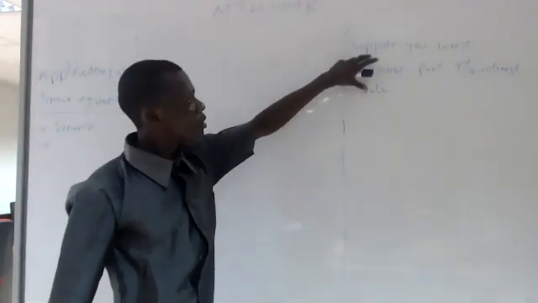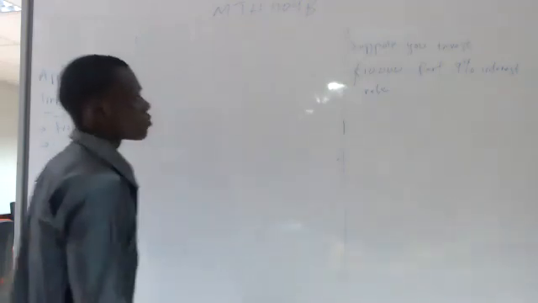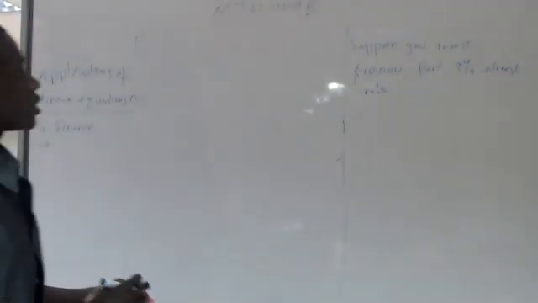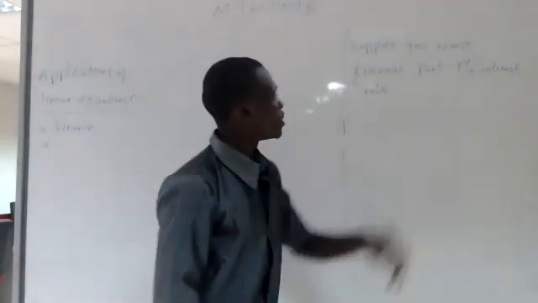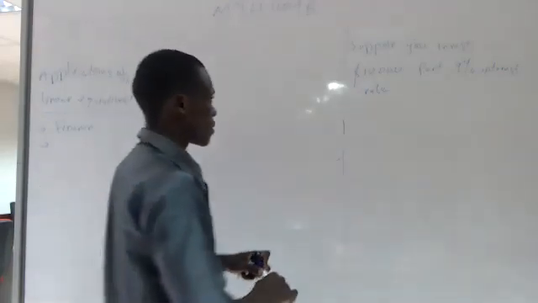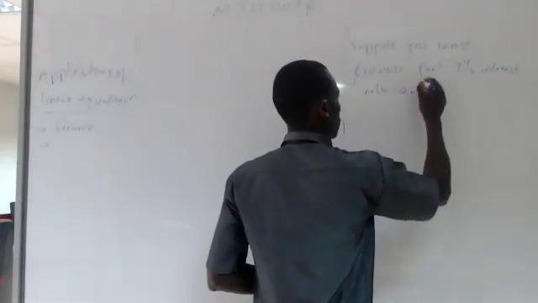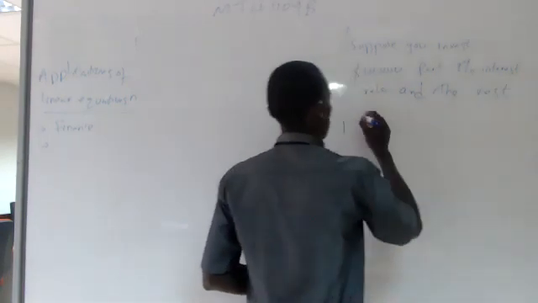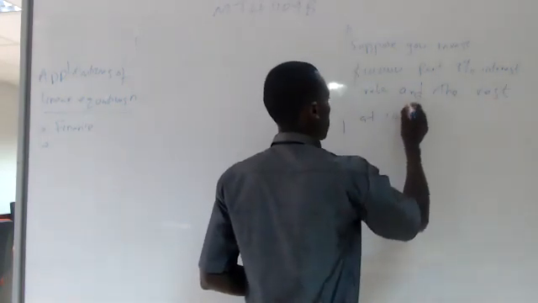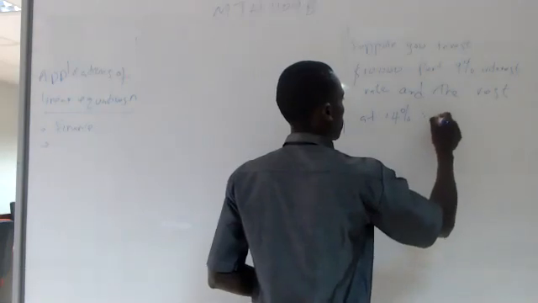Yes. Okay, so we are thinking of a problem in finance where you could apply linear equations. So suppose you want to invest $10,000. You want part of it to be at 9% interest rate, and the rest at 14% interest rate.